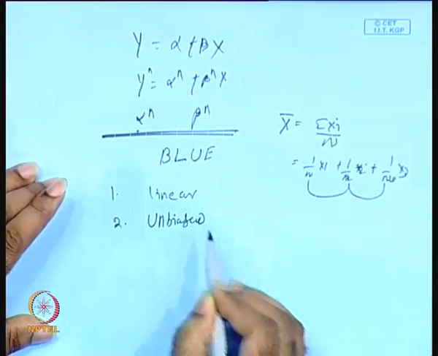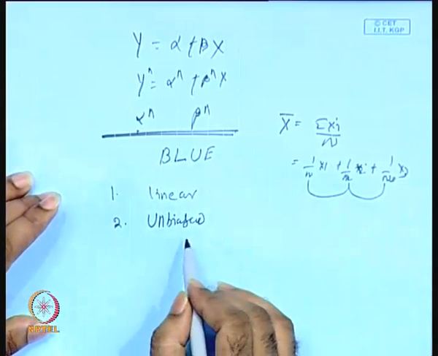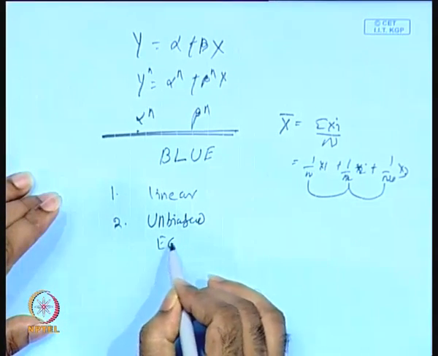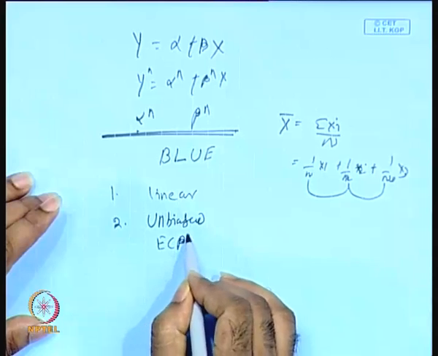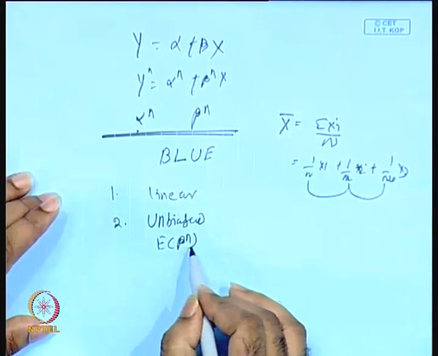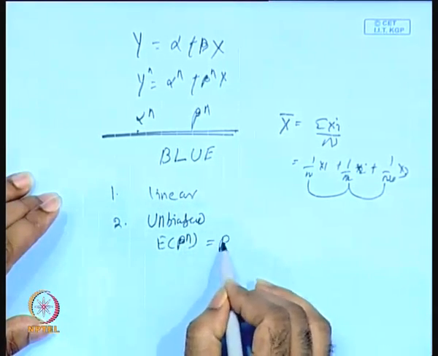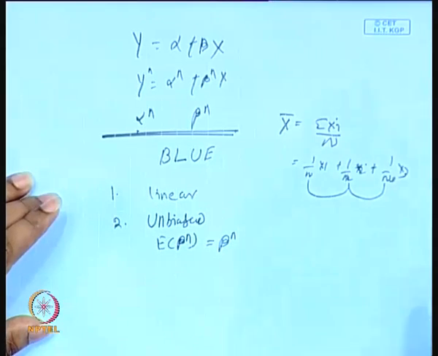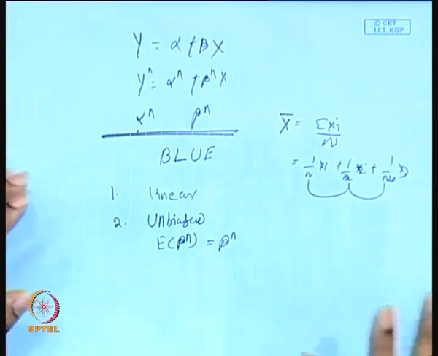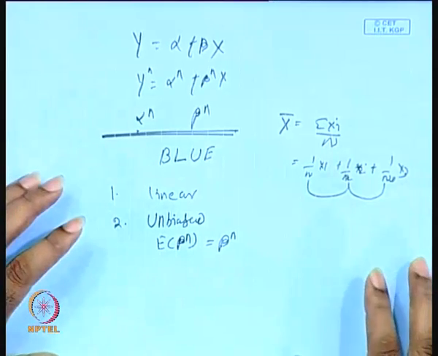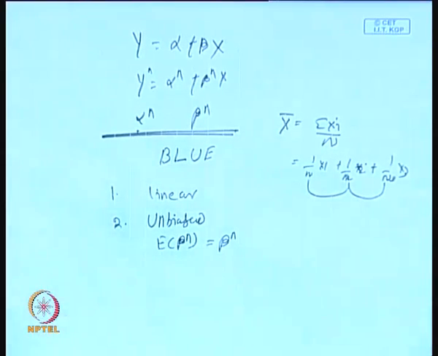Unbiased means what? First, what is bias? Bias means the difference between the expected value and the true value. Let us start with the beta parameter only. The expected value of estimated beta hat should equal beta, which is the true beta. If the estimated beta is exactly equal to true beta, there is no gap at all, but we expect that the gap should be very minimal.